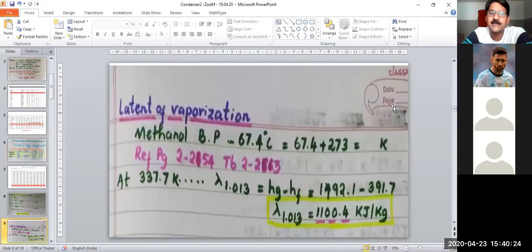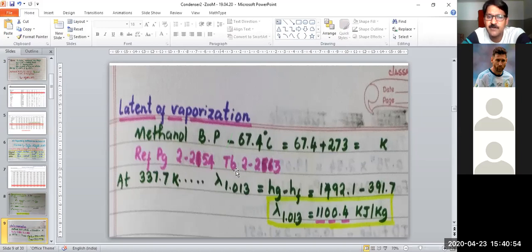Coming to the latent heat of vaporization, lambda. We decided the methanol boiling point is 67.4 degrees centigrade, which means it is at 1 atmosphere. Therefore, convert this into Kelvin by adding 273. So refer to page number 254, table 263.